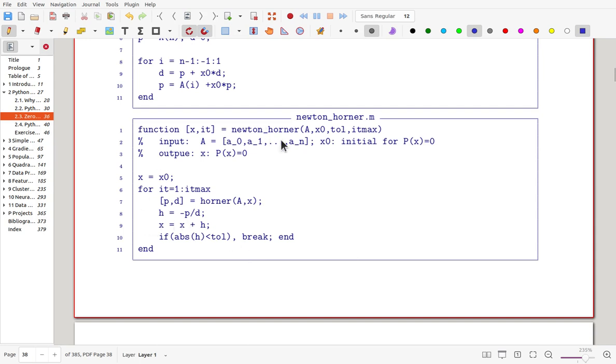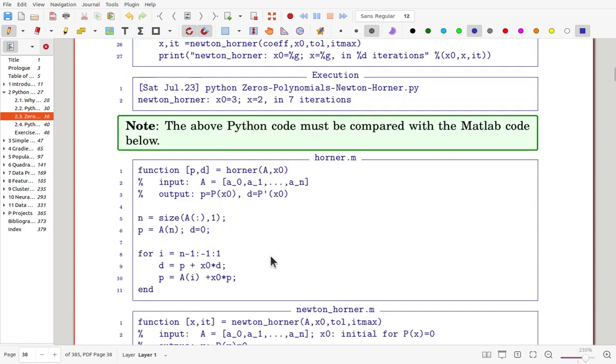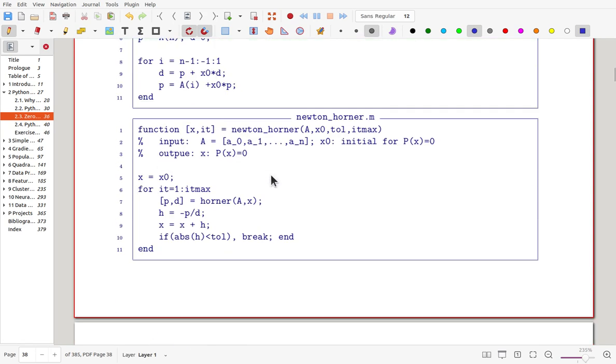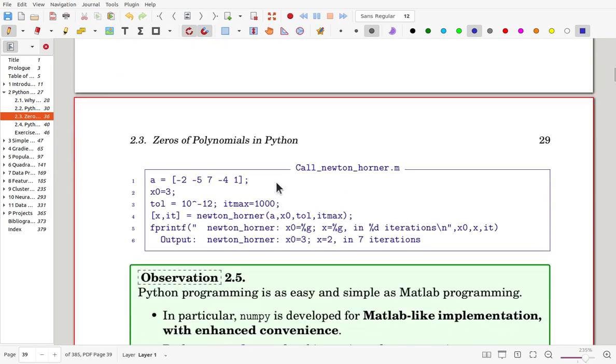Now, the Newton-Horner in MATLAB, if you compare with the Python code, is really almost the same. And now, in a separate file, we call Newton-Horner. The separate file name is given here. Now, A is defined in this way, from a0 in the opposite way, save x0 to 3.